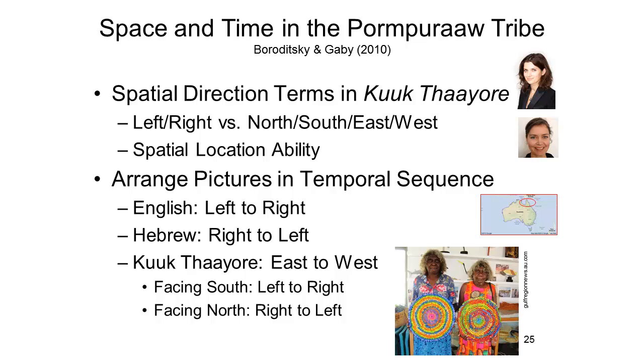Hebrew is written from right to left, though, and Hebrew speakers will arrange the panels from right to left as well. But the Pormpuraaw arrange the panels from east to west, that is, from left to right if they happen to be facing south, but from right to left if they happen to be facing north. Apparently, how they speak about space affects how they think about time.